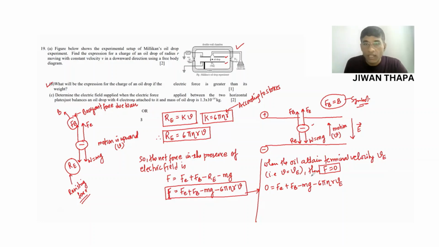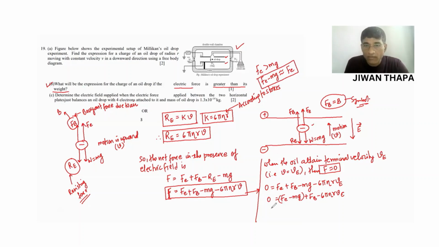Now, what we find from this question is that the electric force is greater than the weight. So I'm writing Fe minus mg plus Fb minus 6 pi eta Rve. If the electric force is greater than mg, then this difference Fe minus mg is approximately Fe.